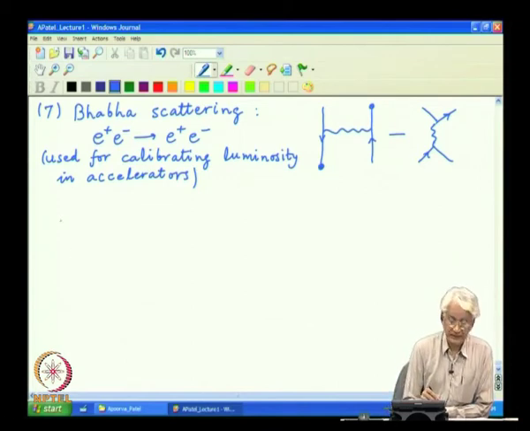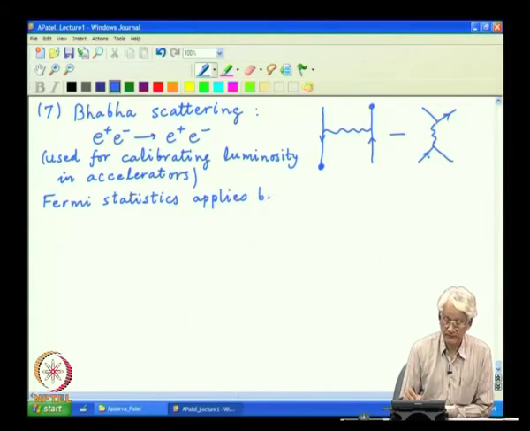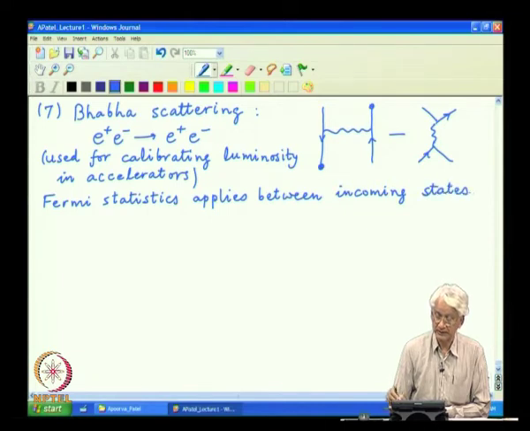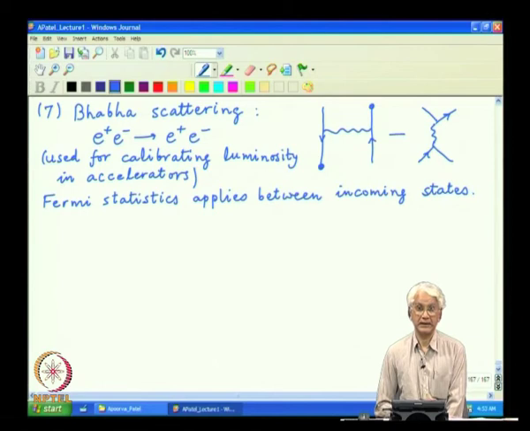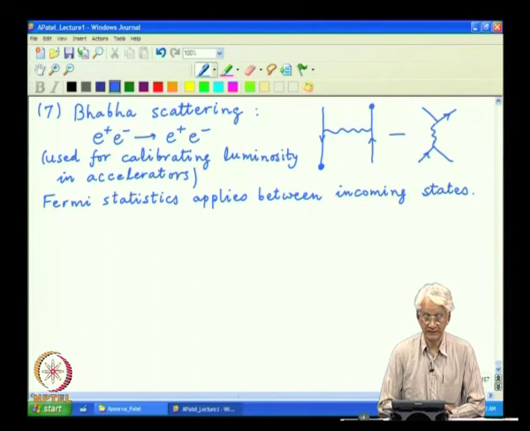Here the Fermi statistics applies between, say, the two incoming states which are indistinguishable in this space time language which we have used.